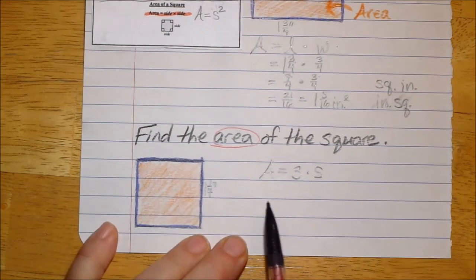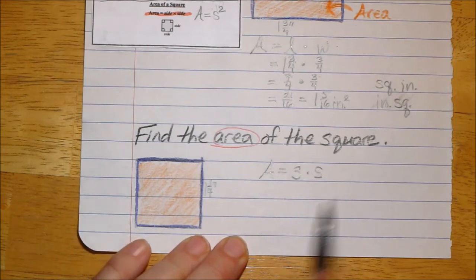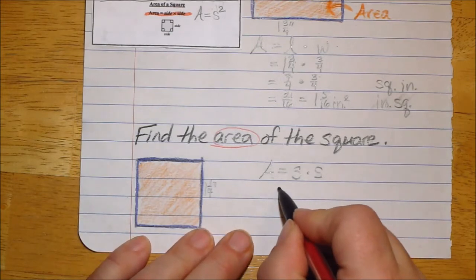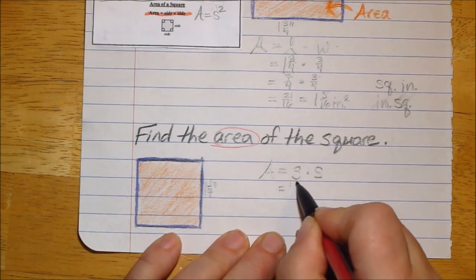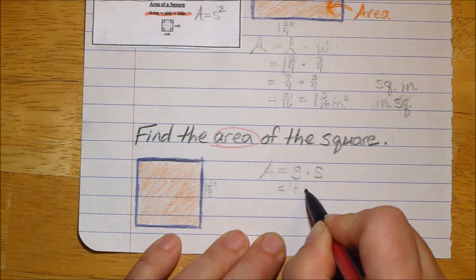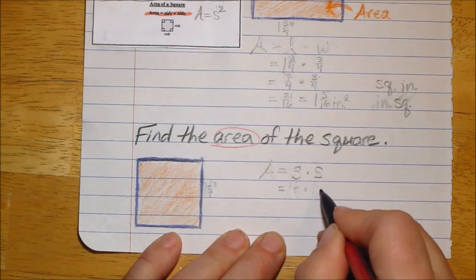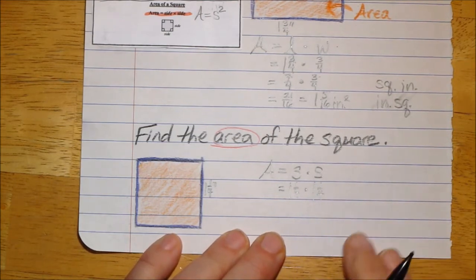So anyway, we'll write it as area equals side times side. All right, so now the next step is to plug in my known values. Well, I know one side is 1 1/4. If it's a square, that means all sides are 1 1/4. So that's what I'm multiplying.